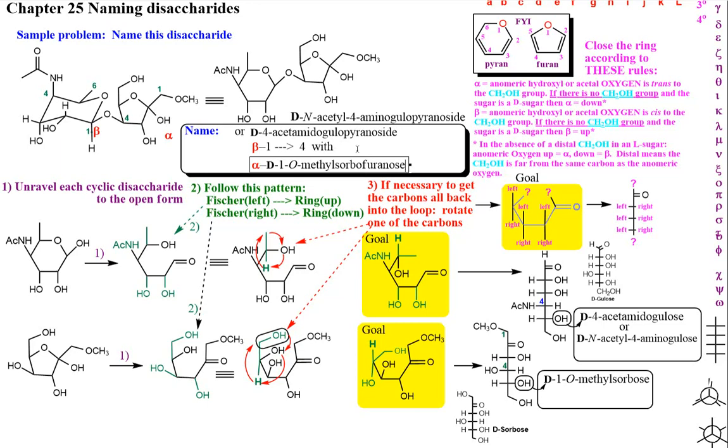So we have two names, D-N-acetyl-4-aminogulopyranoside beta 1 to 4 with alpha D-1-O-methyl sorbofuranose, or D-4-acetamido gulopyranoside beta 1 to 4 with alpha D-1-O-methyl sorbofuranose. And there you have it. We've named a disaccharide, and I hope you found this video to be useful.